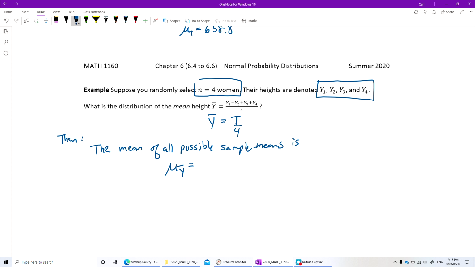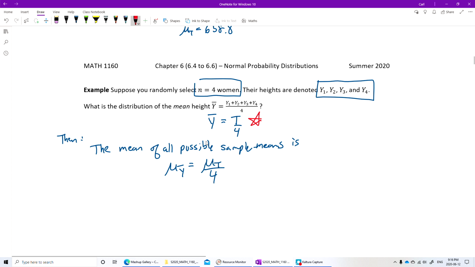Now let's think about it. We can see right here that y bar is t divided by 4. So what will the mean of y bar be? If I have a random number and divide it by 4, don't you think that the average of that will be its average divided by 4 also? That's what it is.